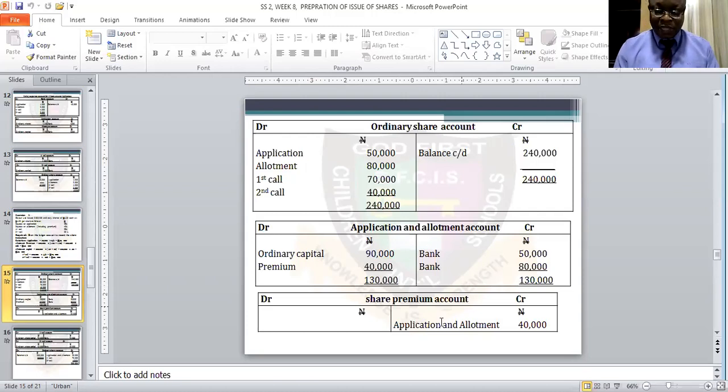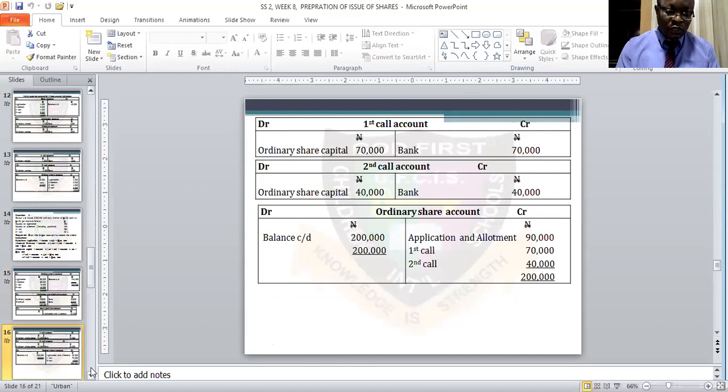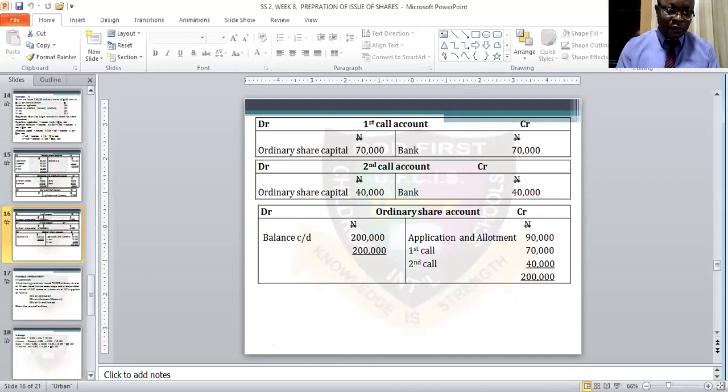Then the share capital account, application and allotment account 40,000 naira. Then let us look at the first call, second call, and ordinary share capital. First call, ordinary share capital is 70,000 naira on the debit side. For the credit side, bank is also 70,000 naira.